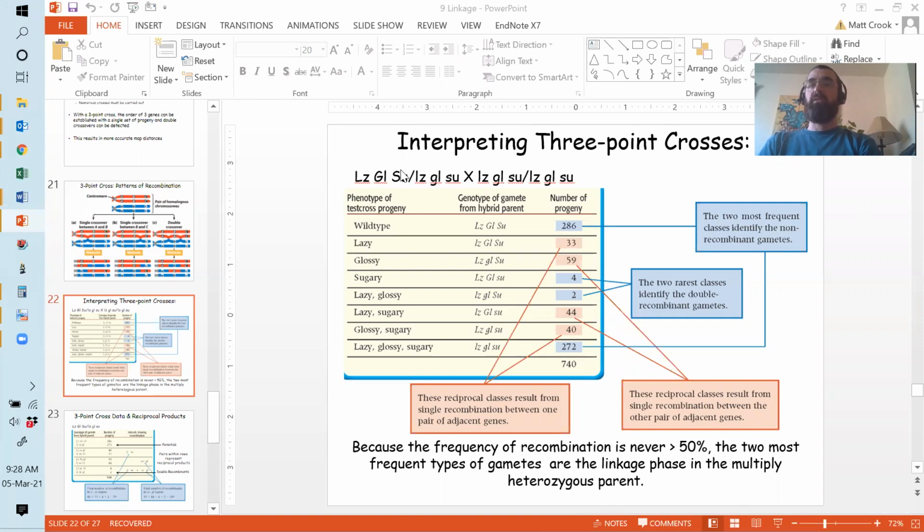So the gene order that you're given here is not the correct one. The correct gene order is LZ SU GL, or, because we don't actually know its orientation, GL SU LZ.